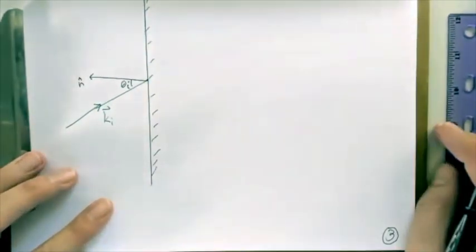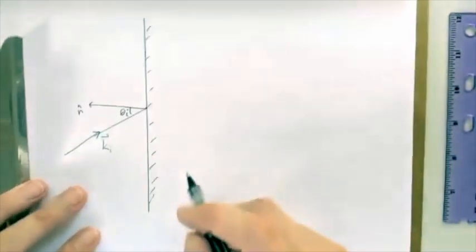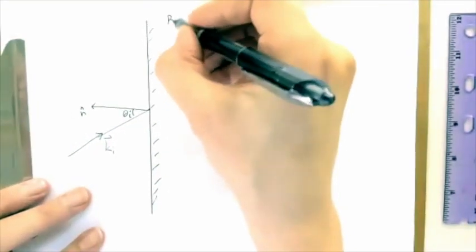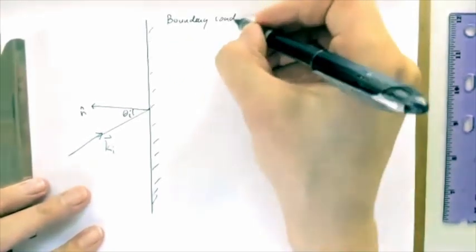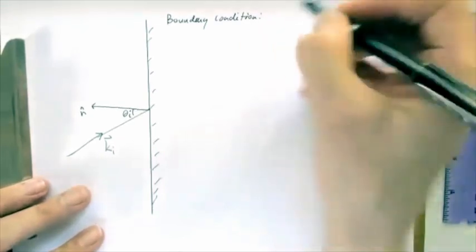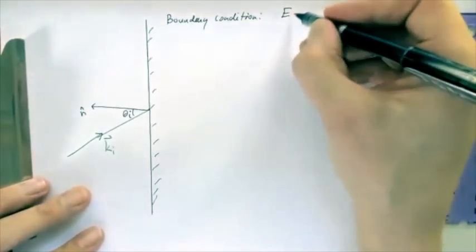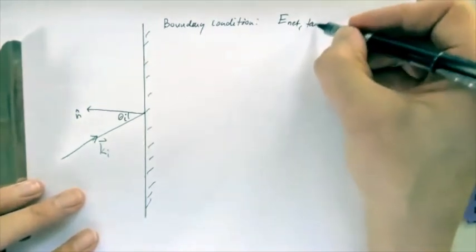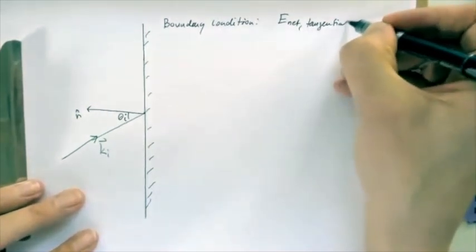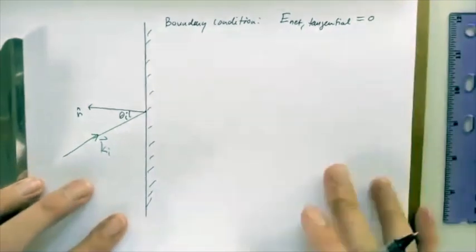Okay, so we'll use the same boundary condition, and the boundary condition is that E tangential, net tangential, is 0.